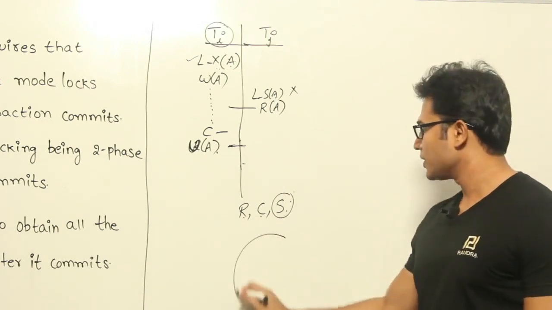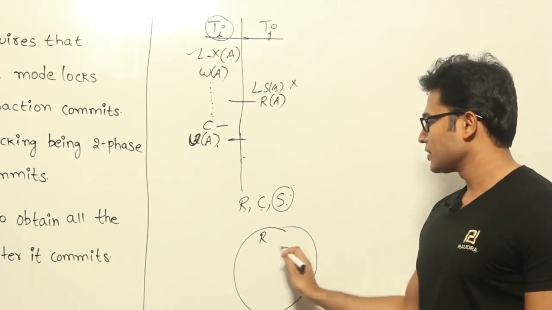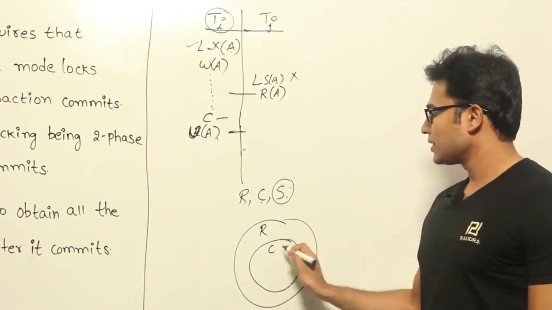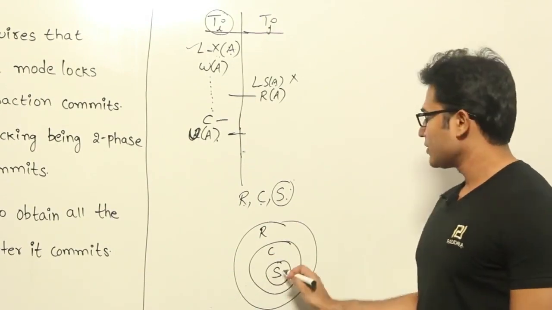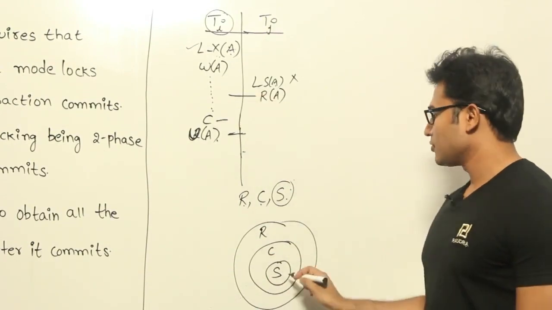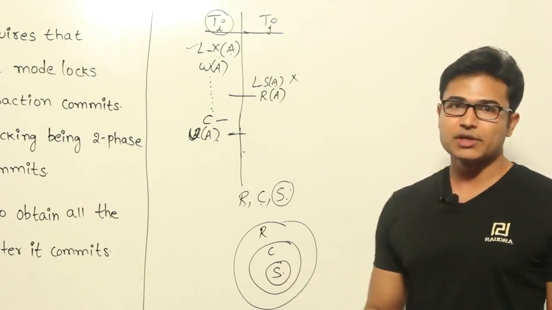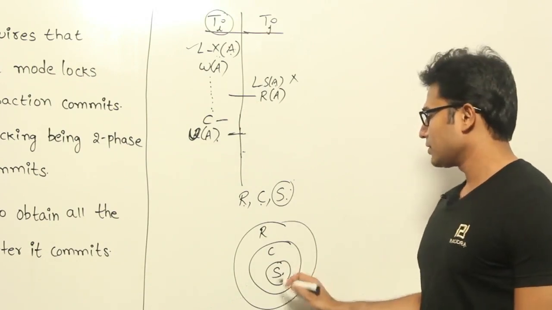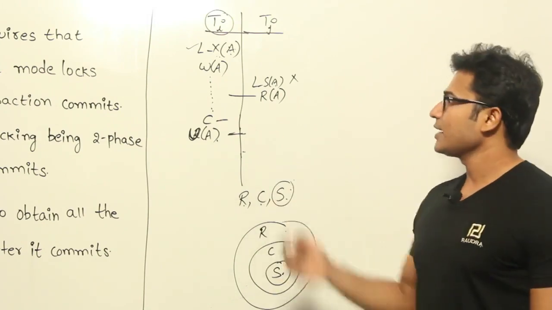I have already shown you the diagram: the set of all recoverable schedules, the set of all cascadeless schedules, and the set of all strict schedules. By having this rule, we guarantee that every schedule is strict. If the schedule is strict, then it is already cascadeless and also recoverable. Why is it cascadeless?